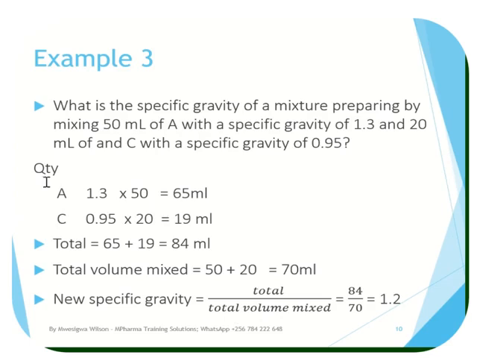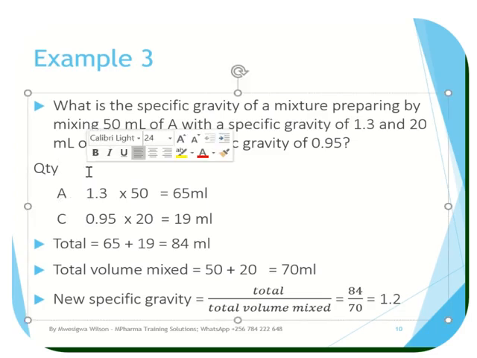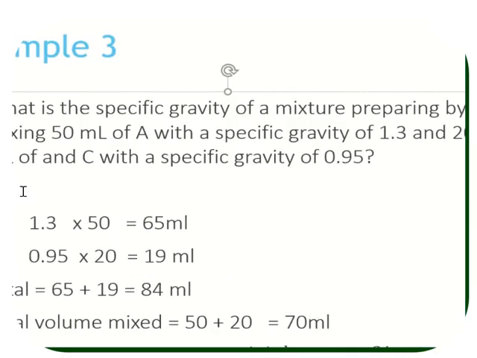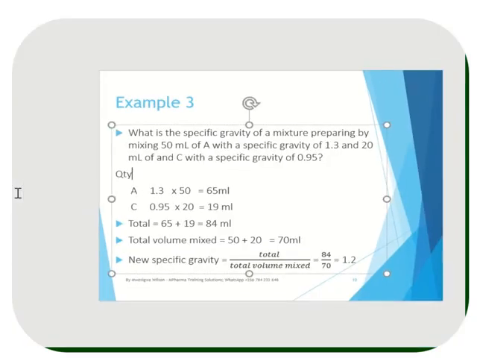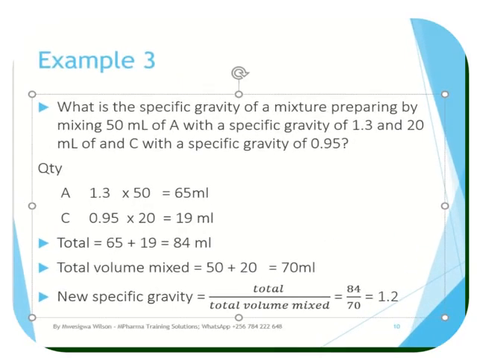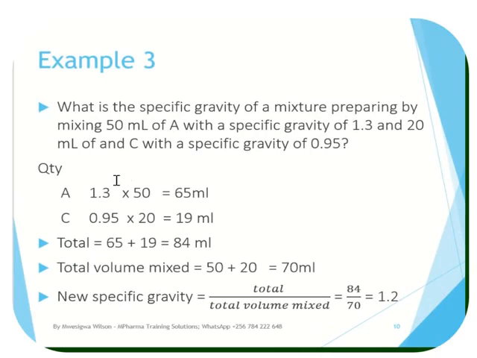So now here we are looking at not the quantity of the active. Sorry about that. In A is the specific gravity 1.3 times 50, 0.95 times 20 for C, and you get this.